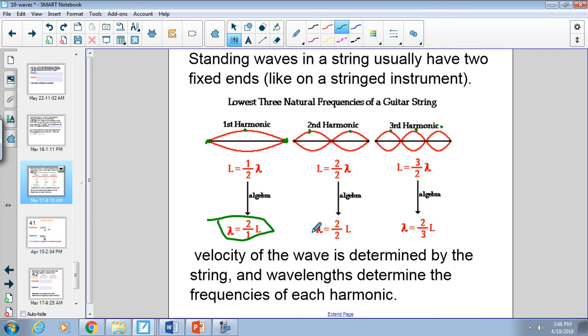On the second harmonic, we can fit the entire wave on there, right? Crest and trough. So it's just 2 over 2, which is 1, so the length of the string. And on the third harmonic, we end up with 2/3 because you can fit 1 1/2, right? Third harmonic. Fun.